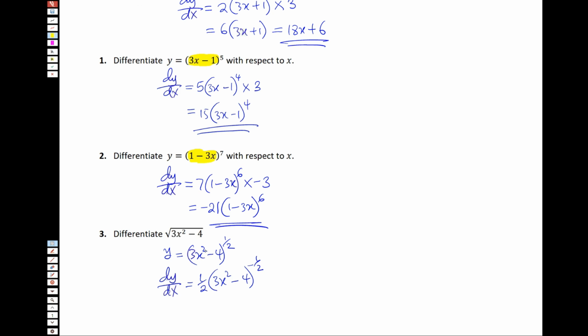Remember, we started with the outside. This is the inside here. And then you proceed to the inside. If you differentiate 3x squared, that will be 6x. And then what you can do in this case is just simplify the resulting expression. So a half of 6 is 3. So this will be 3x into (3x squared minus 4) to power negative a half. And that will be the derivative.